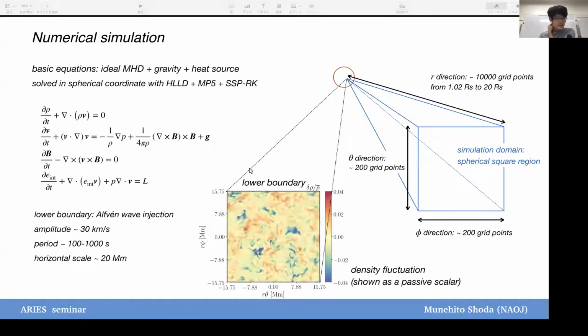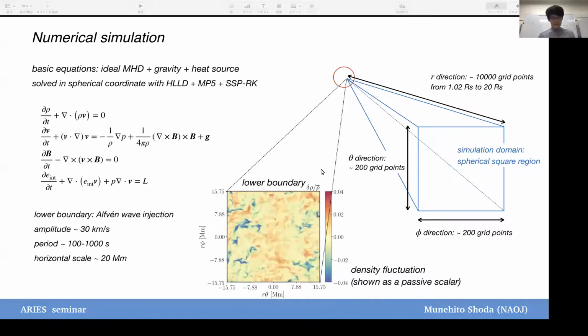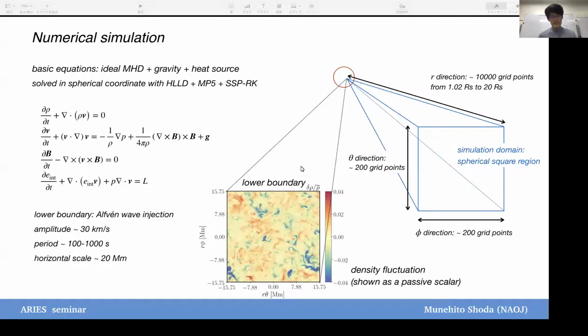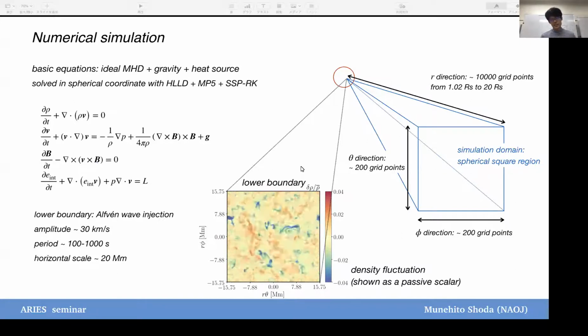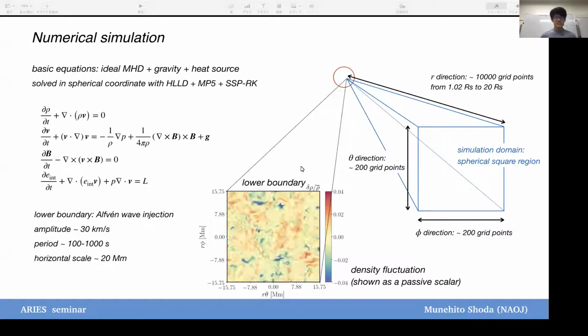Okay. So the overview of the numerical simulation is shown here. So we take a spherical coordinate system from the coronal base to 20 solar radii. So we give up solving the photosphere and the chromosphere because including them inside the computational domain is very computationally expensive.